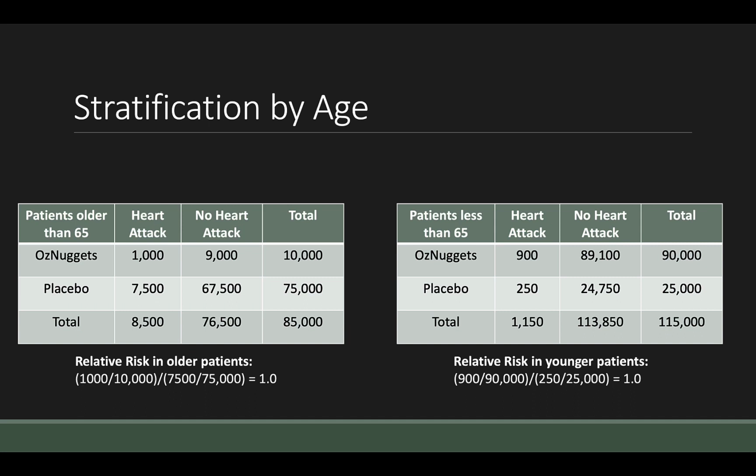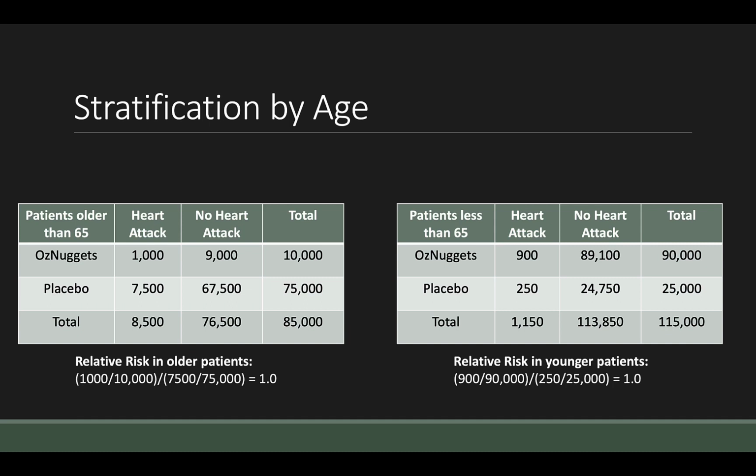But if we look at the results only in this cohort, we see that the relative risk is very different. It's 1,000 divided by 10,000 for the incidence in the Oz nugget group, and 7,500 divided by 75,000 in the placebo group, making the actual relative risk in older patients 1. So no difference between groups. Then we look at patients who are less than 65, which is much more common in the Oz nuggets group at 90,000 and only about 25,000 in the placebo group.